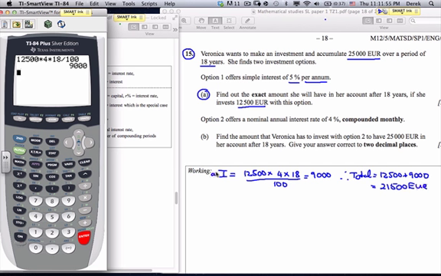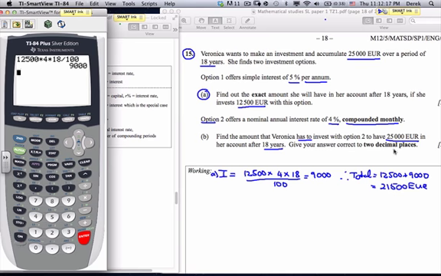So that's for A. Then it says option B offers a nominal annual interest rate of 4% compounded monthly. Find the amount that Veronica has to invest with option 2 to have 25,000 euro in her account after 18 years.